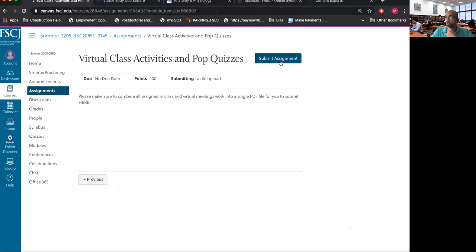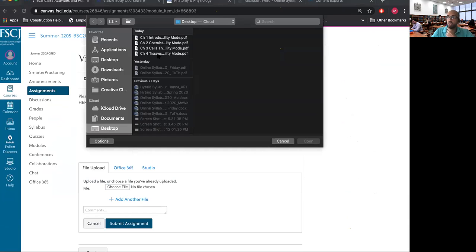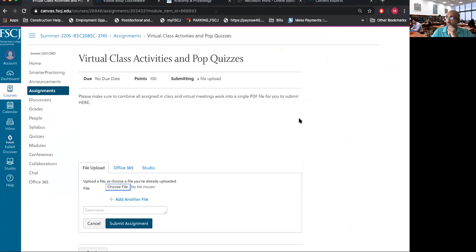And I will open submit assignment. I will choose the file from my computer or whatever device I'm using, and open it and then submit assignment. So I will receive this document at the end of the semester. It's going to be due on August 18th as well.